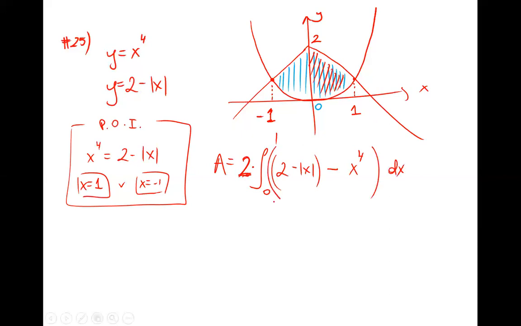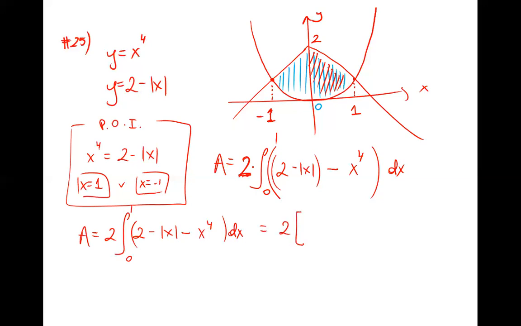Let's integrate this because it's the interesting part, the absolute value. That means we will have 2 times the integral of 2 minus absolute value of x minus x to the power of 4.